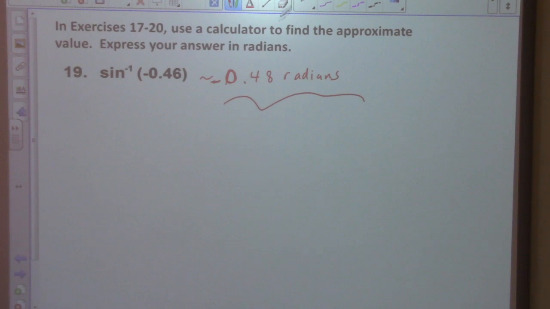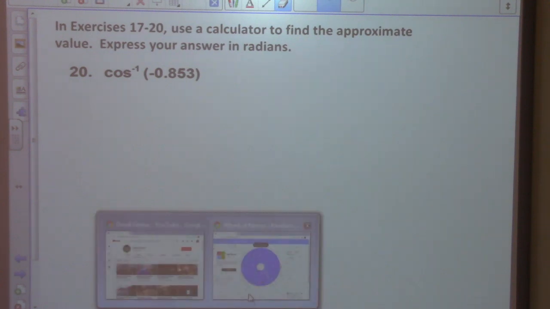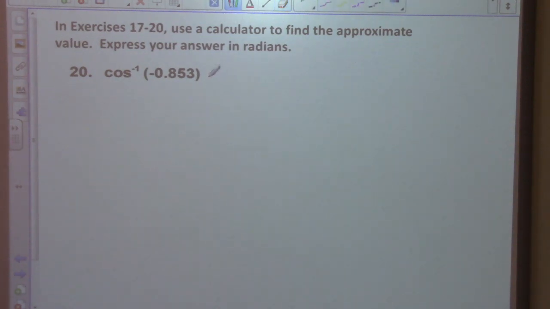And lastly, we have Riley. You should get like 2 point something or 3 point something radians, I guess. I'm just guessing. What'd you get for that, Riley? I got 2.593 radians. 2.593 radians.